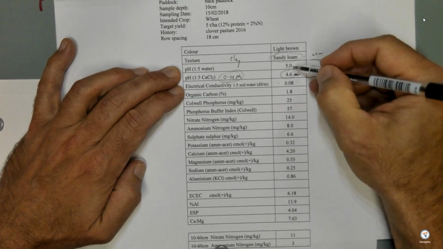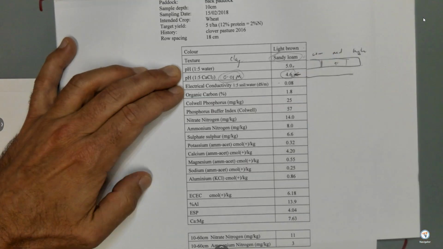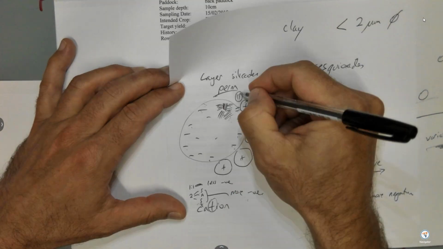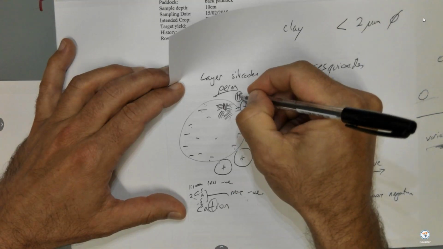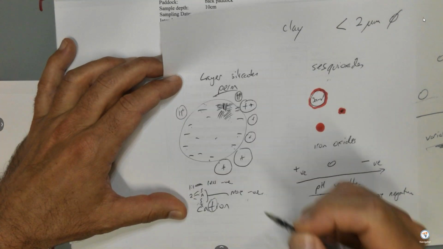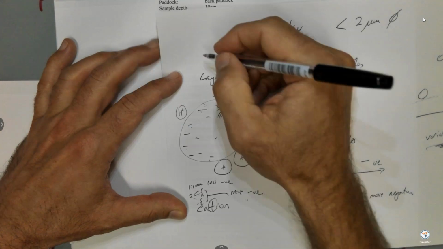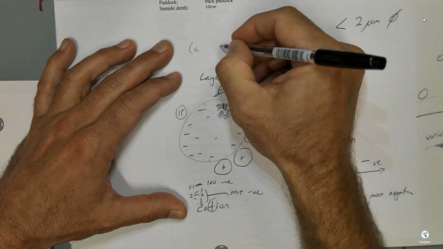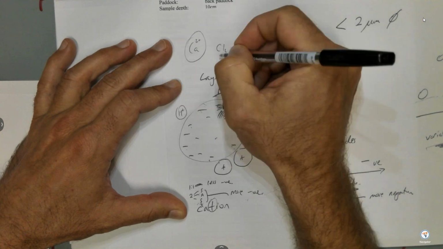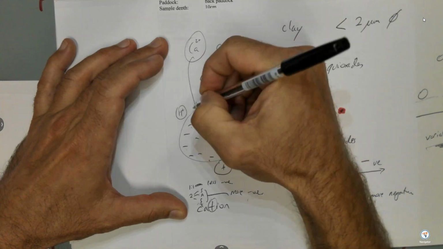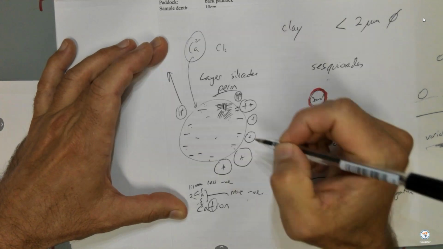This will always be lower because our clays, which have negative charge, have some of these cations being hydrogen ions. And so when you stick that calcium chloride solution in, the calcium will come in here and kick that hydrogen ion off into solution, and it gets picked up by the electrode.